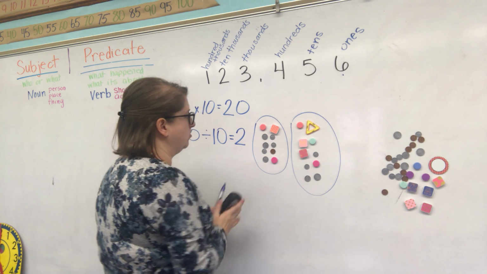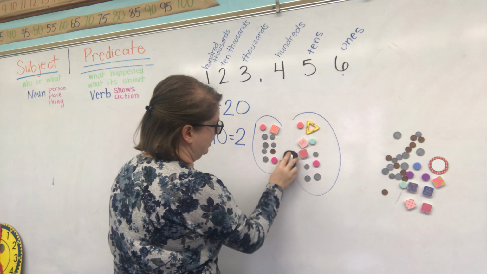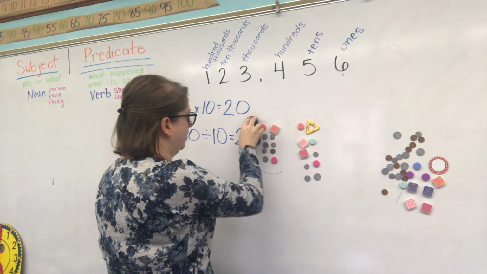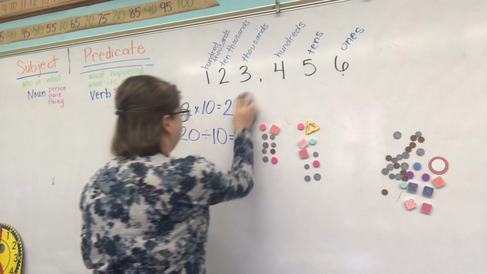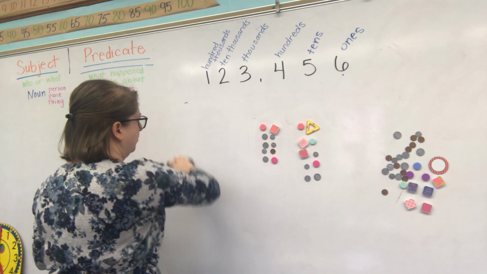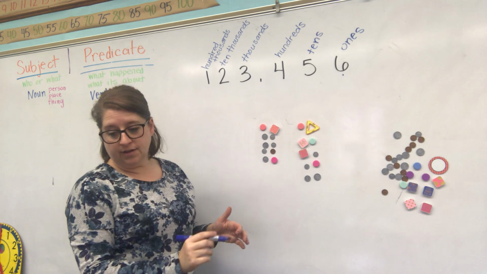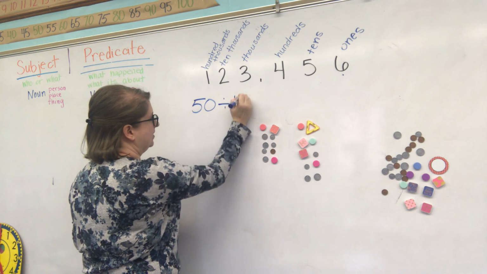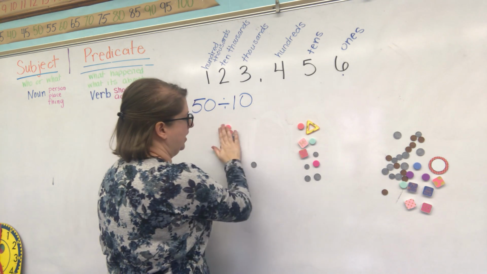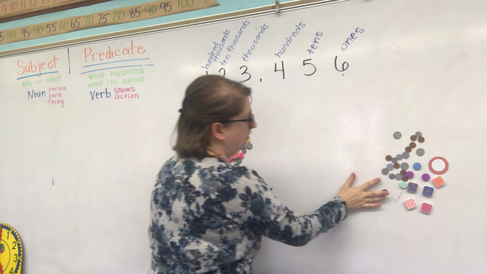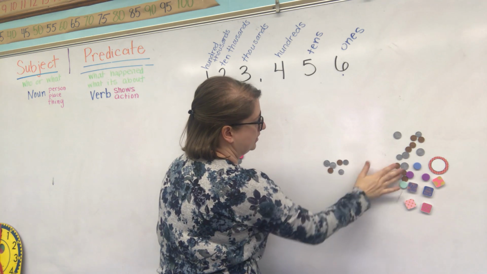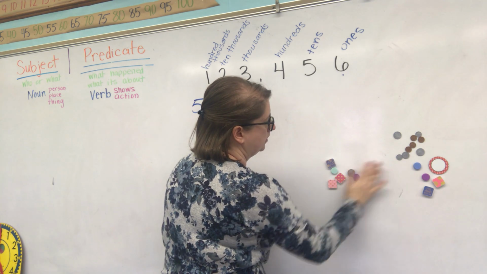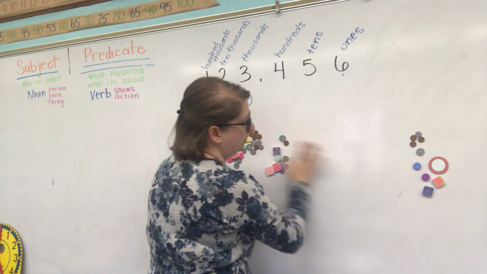Let's do another one without starting with it already divided into the groups. What if I have the division problem 50 divided by 10. So I already know I have 10, I have 20, 2, 4, 6, 8, 10. Here's 30, 40.